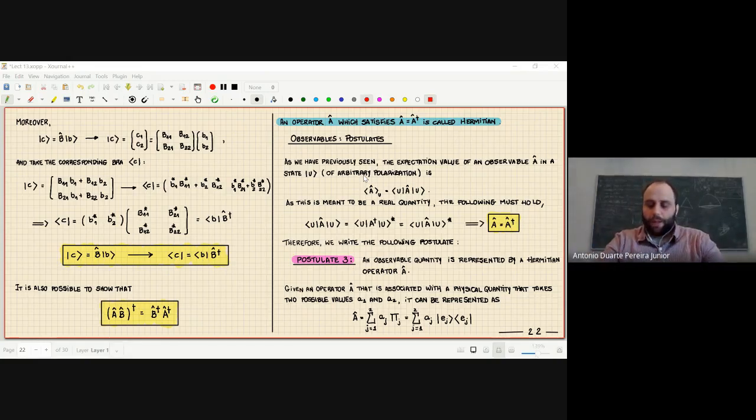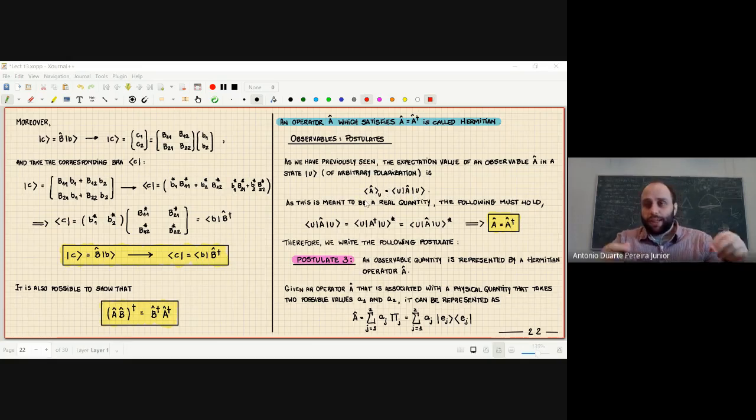But the expectation value of the operator A was defined by this quantity, right? I take the bra of U, I insert the operator A, and I act on the ket U, okay?